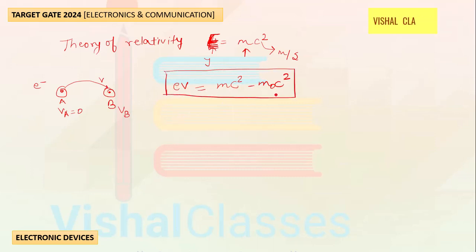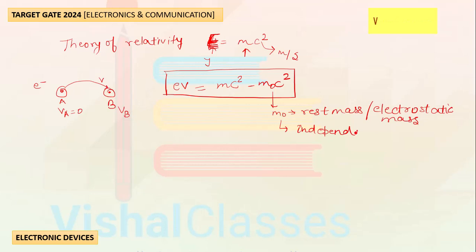Here m naught is the rest mass, in some books also written as electrostatic mass. This m naught is independent of velocity.